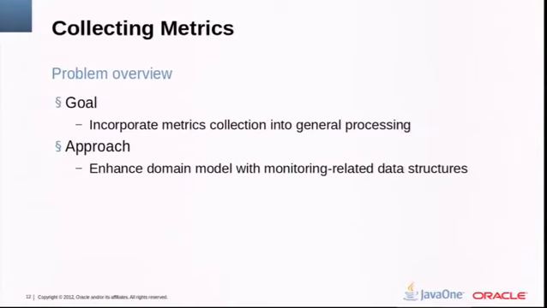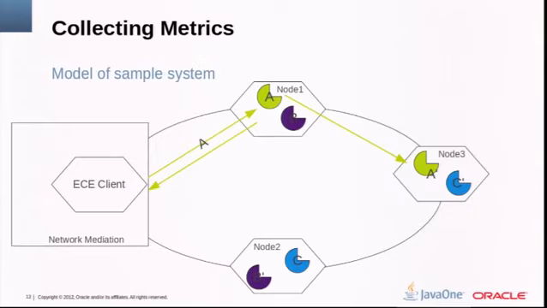And the approach that we took is what I call monitoring in design. You have to change your domain model to put monitoring in your system. It's not an afterthought.